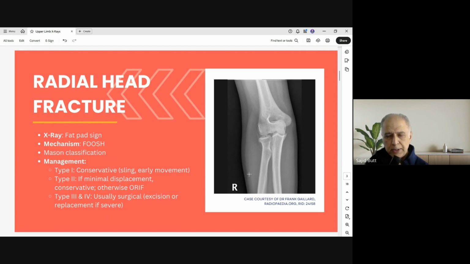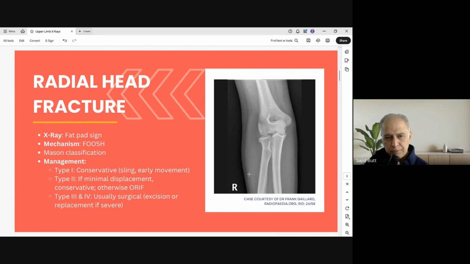In addition to the break in the cortical outline, there is the presence of soft tissue swelling in and around the elbow joint, which is a good indicator of a significant trauma. And those fat pads within the elbow joint can be raised, giving rise to signs of joint effusion. And when you see those, you have to carefully look at the cortex again, preferably by zooming in, to make sure that there's no fracture.